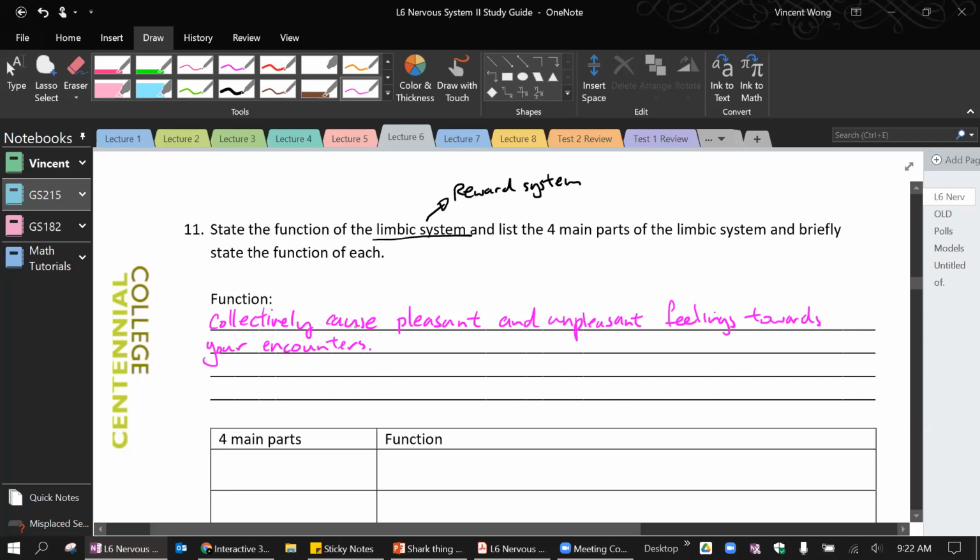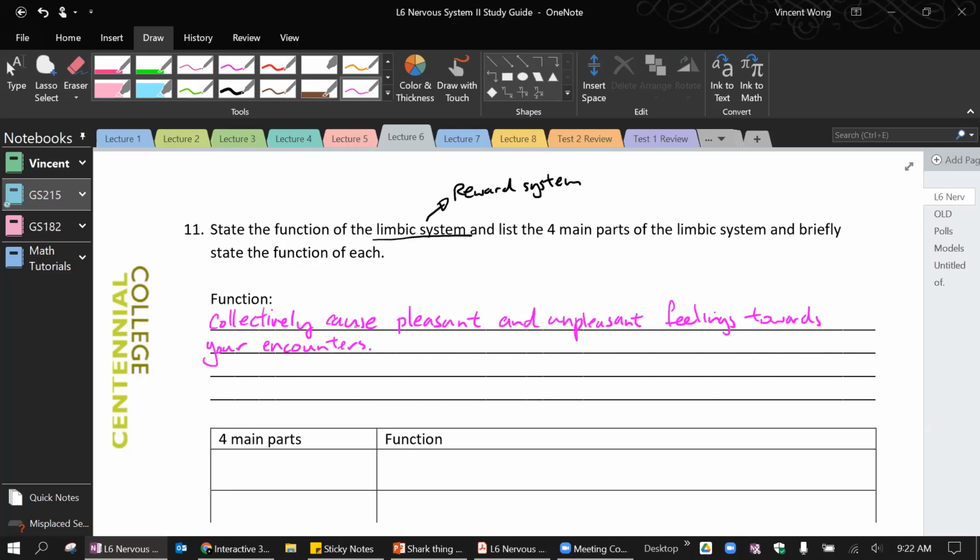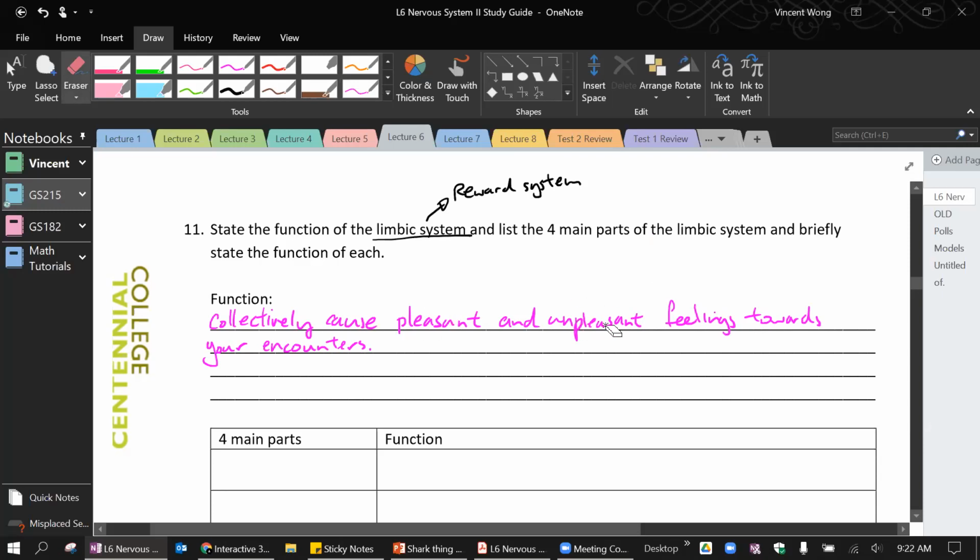Okay, so every day you encounter different experiences. You do encounter different things. Some things are gonna make you feel good. Some things are gonna make you feel not so good. And your limbic system will remember all these feelings subconsciously.